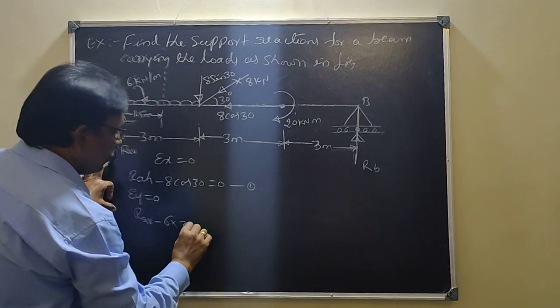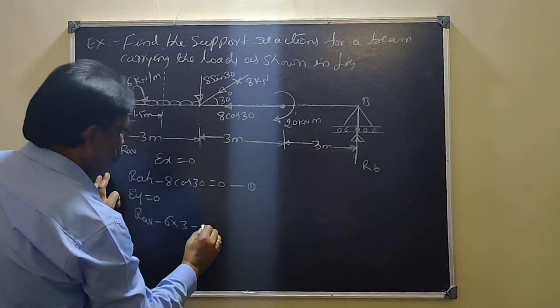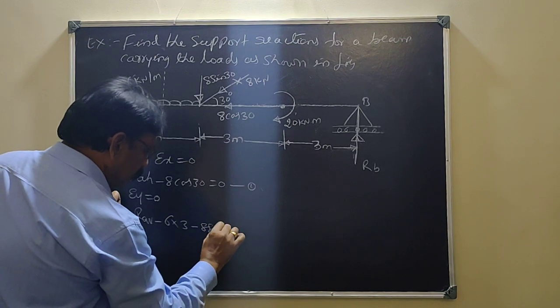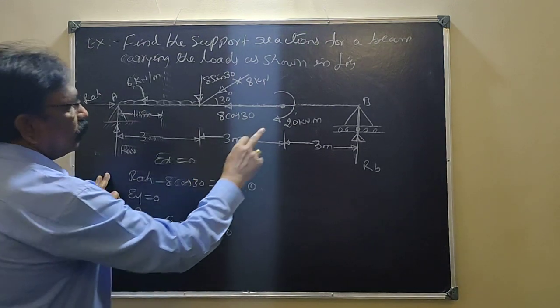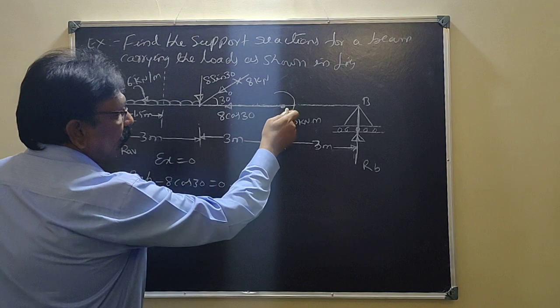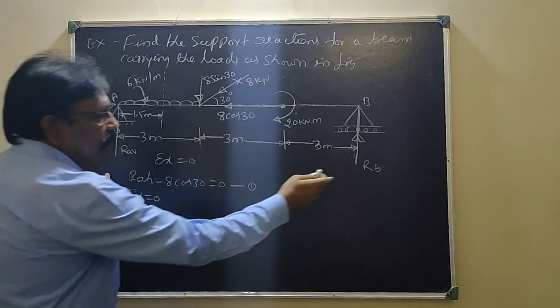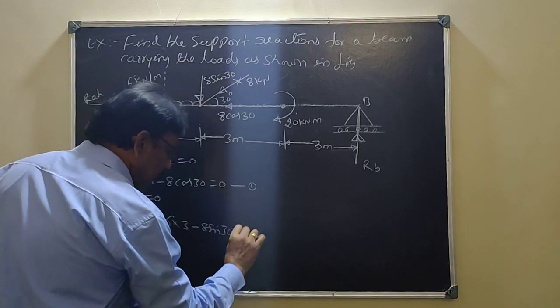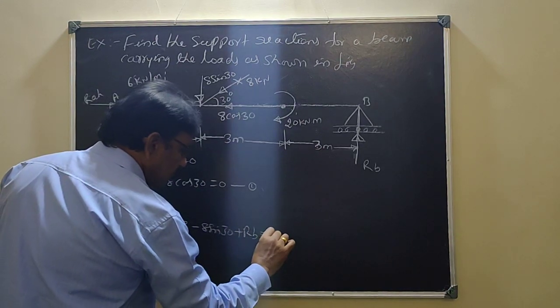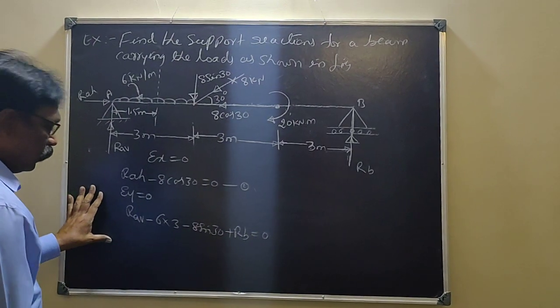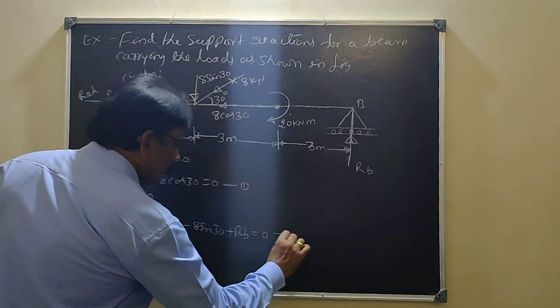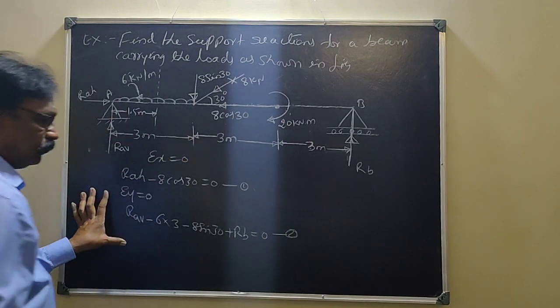Then the vertical component of the 8 kilonewton is 8 sin 30. But the applied moment will not be taken into consideration for the force analysis. Now RB is acting upward, so positive RB is equal to 0. This will be recorded as equation number 2.